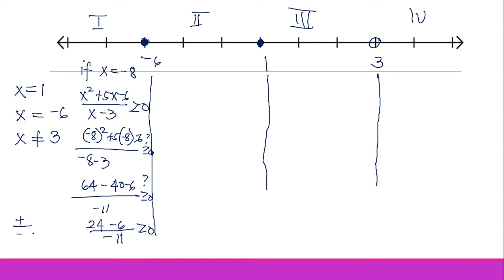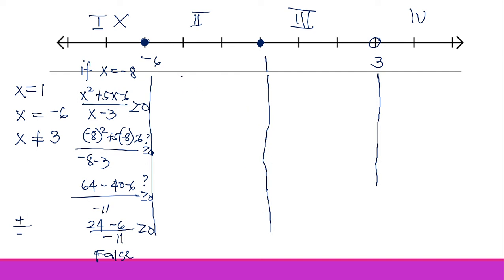Since the outcome of that statement is negative, this is false, because negative numbers cannot be greater than 0. So that means we are taking this out of the picture as one of the possible solutions of our inequality. Now moving on to region 2.